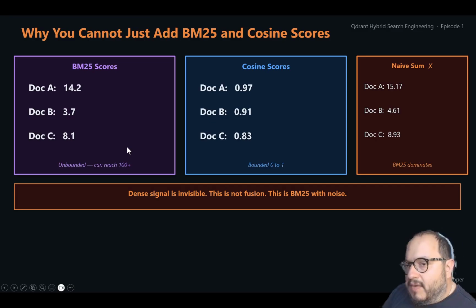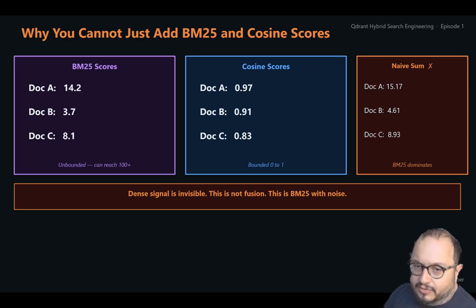The naive approach to combining BM25 and dense search: run both, add the scores, re-rank. Do not do this. Here's why. BM25 scores are unbounded. A highly relevant document might score 14. A moderately relevant one might score 3. The range depends on the document length, the vocabulary, the collection size. You cannot predict it.